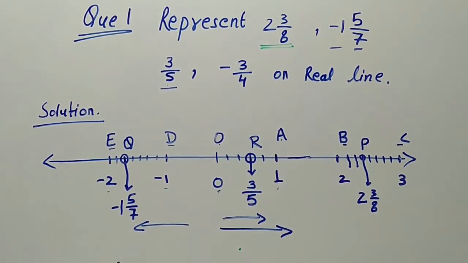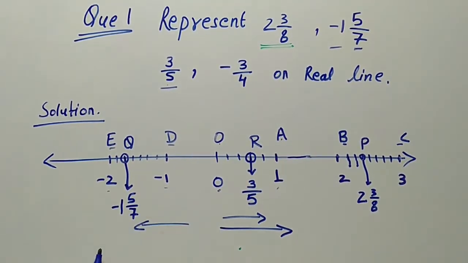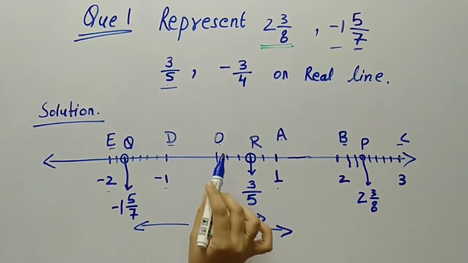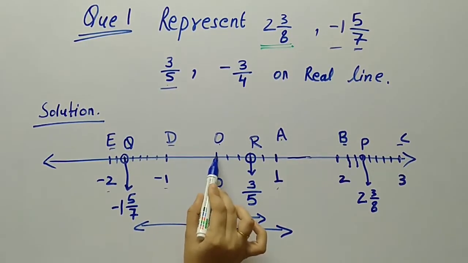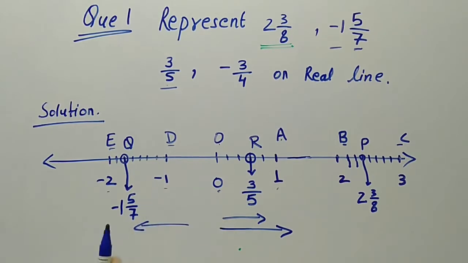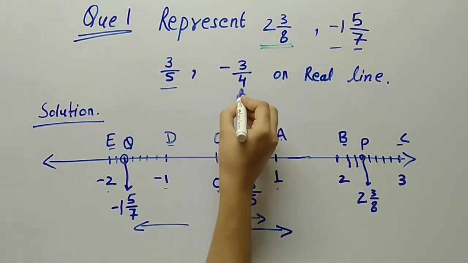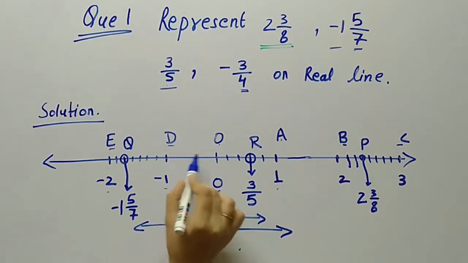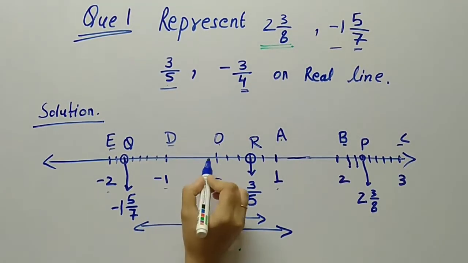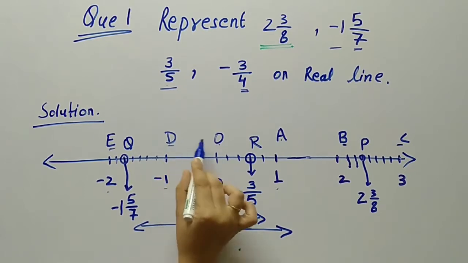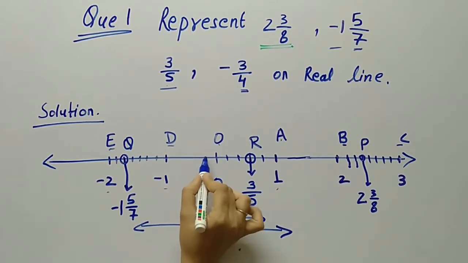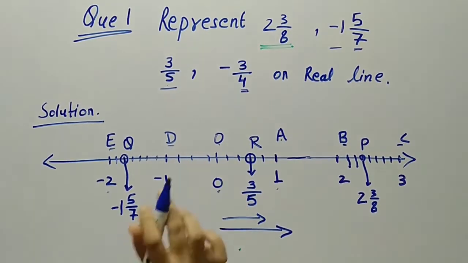Now we will plot minus 3/4 on the same line. So minus 3/4 lies between 0 and minus 1. So as the denominator is 4, we will divide OD in 4 equal parts. So to divide OD in 4 equal parts, we will make 3 lines. 1, 2, 3.